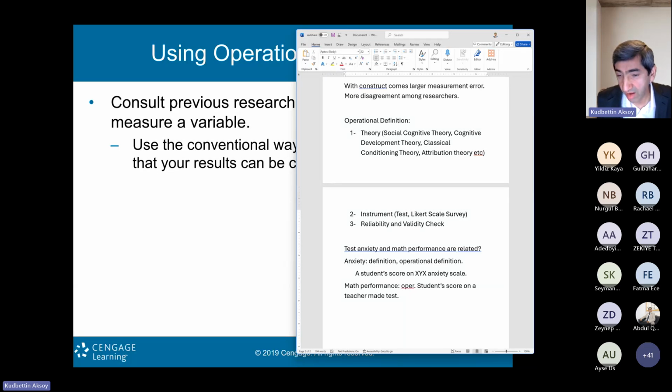Two variables, and we've operationally defined them. Third step, once you collect your data and you have your scores, you can check for the reliability of the test scores. Not reliability of the test, the reliability of test scores. So let's move on.